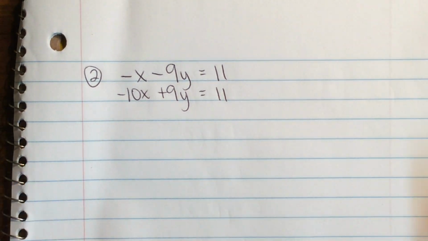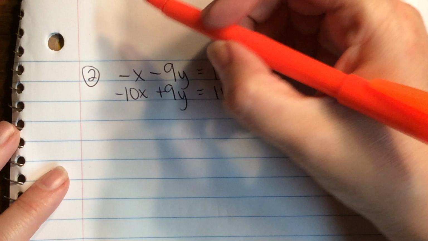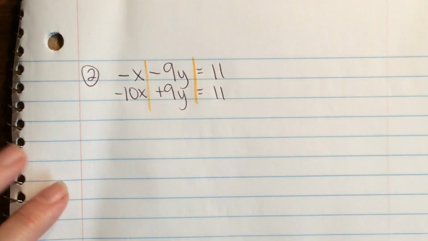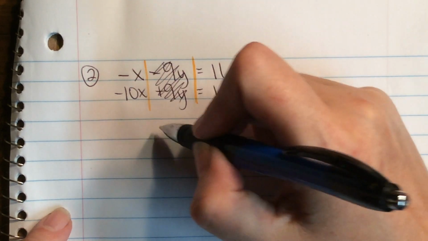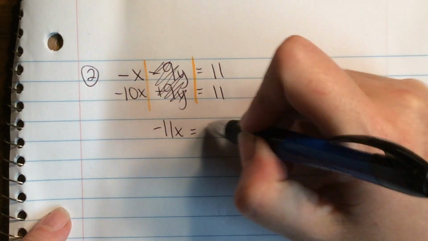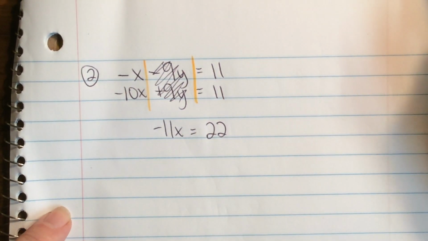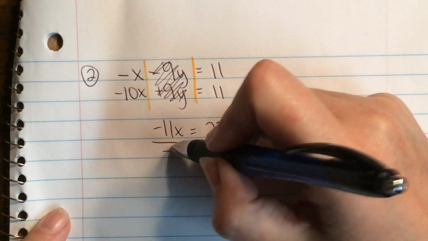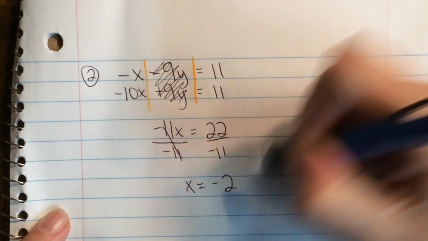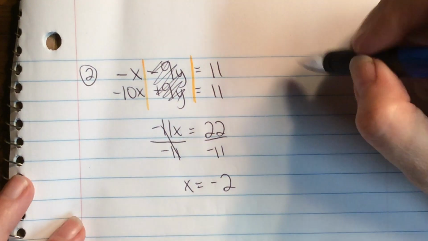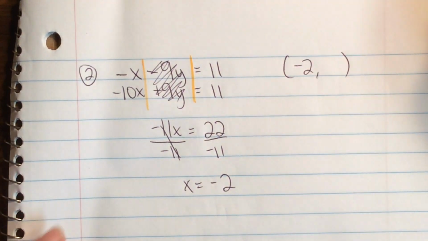So this is another easy one where I have them separated. These will go away. Then I got a negative 11x equals 22. I divide by negative 11, and x equals negative 2. So we have our first coordinate point.